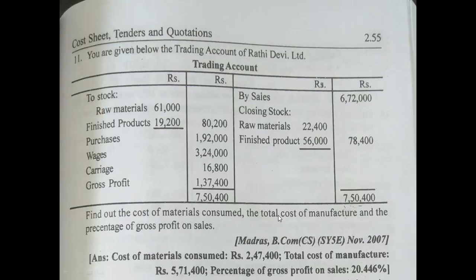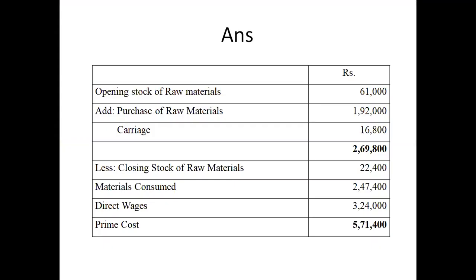So I put these values here. Opening stock 61,000. Purchase of raw materials 1,92,000. Whatever carriage is given in the question, I will write as carriage inward. Purchase related expenses should be added with the purchases, so these three amounts together total 2,69,800.